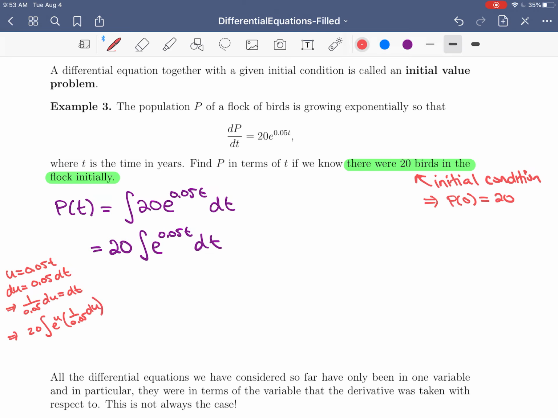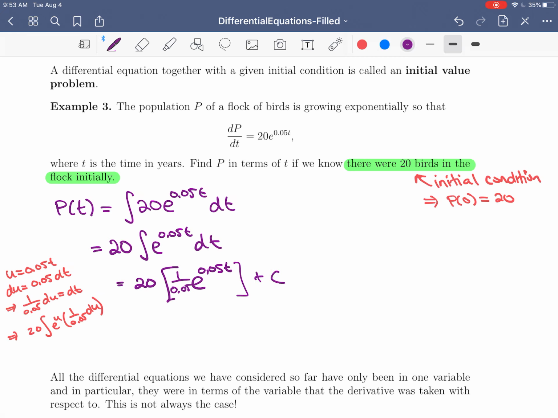And then you'd have to solve for that. I'm just going to jump to the answer because it's a constant times t in the exponent. The antiderivative is going to be e to the 0.05 t, but because I'm going to get that extra factor of 0.05, I'm just going to divide by it out front.